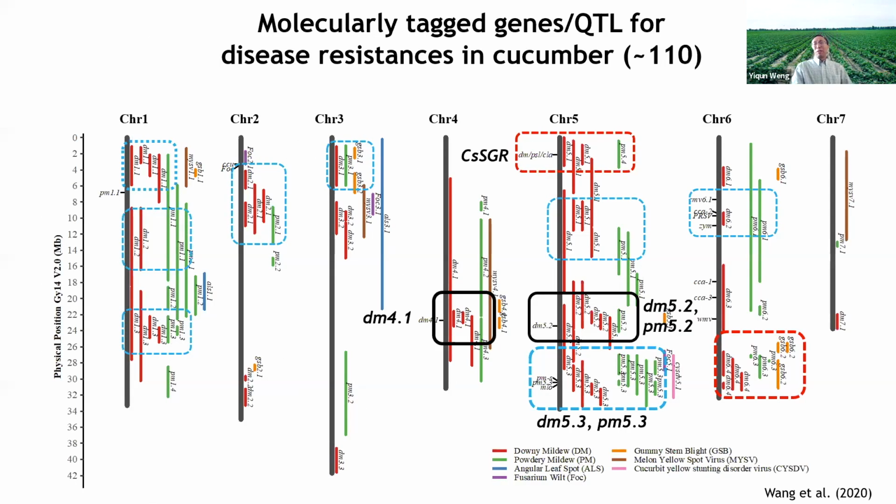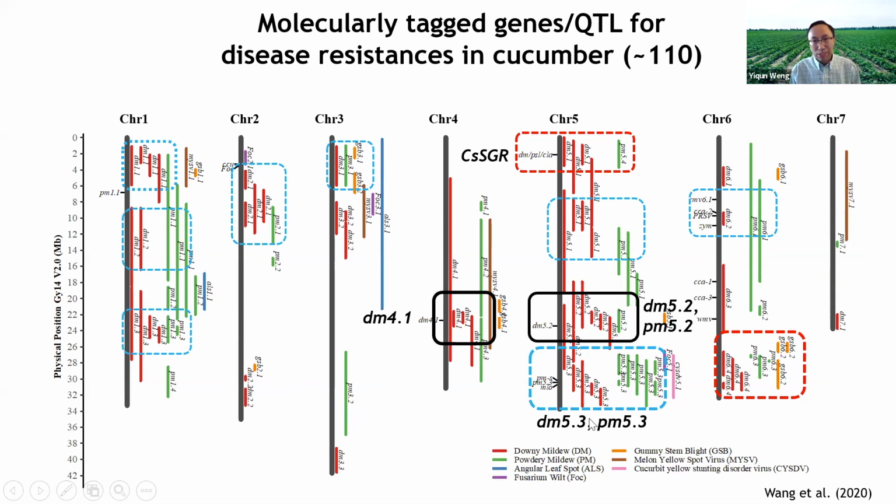As I mentioned, a lot of work has been done in recent years on molecular mapping and cloning of disease resistance genes. This is a summary from a recent review we published, basically indicating the genes and QTL mapped along the 7 cucumber chromosomes.